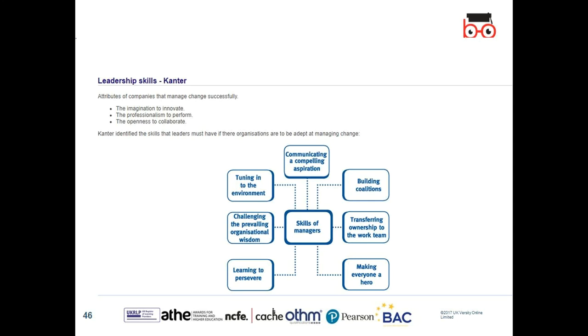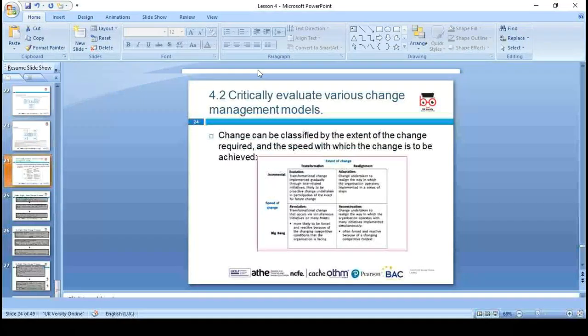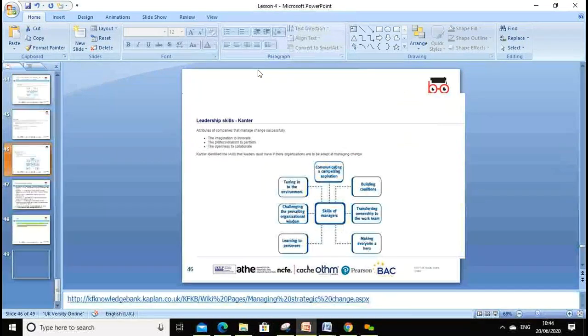And then Kanter identifies these skills: tuning in to the environment, being well aware of environmental changes, challenging the prevailing organizational wisdom, learning to preserve, communicating, building coalitions, transferring ownership to work as a team and making everyone a hero. Okay, that's the key things which we discussed in these skills.